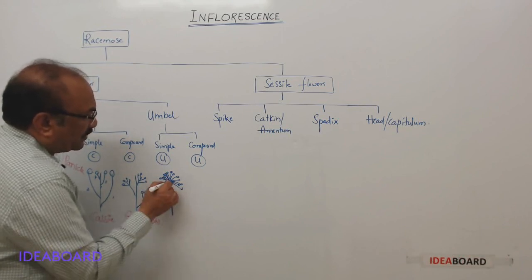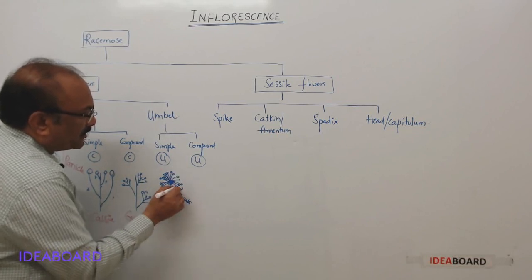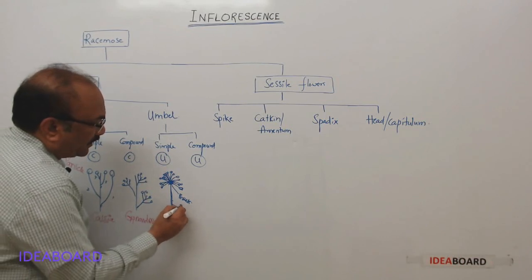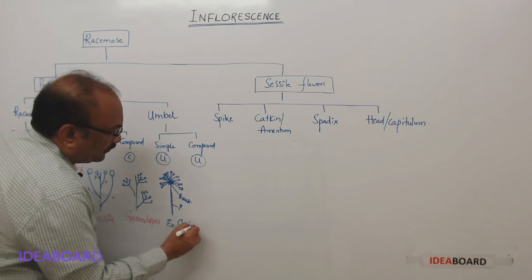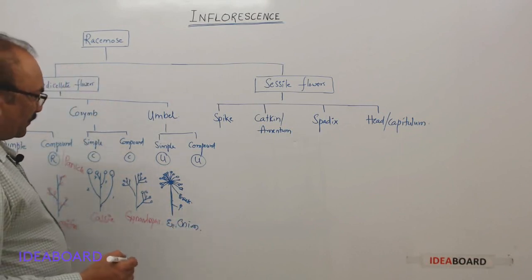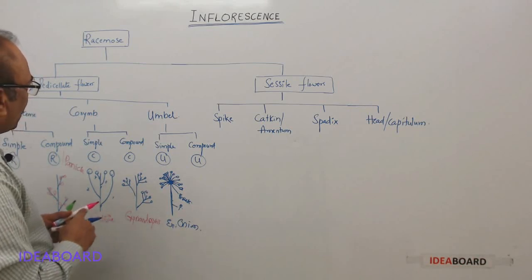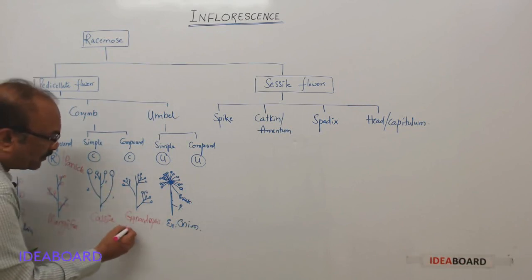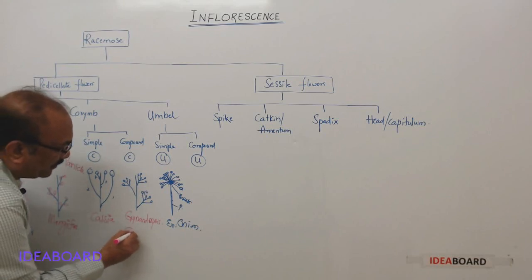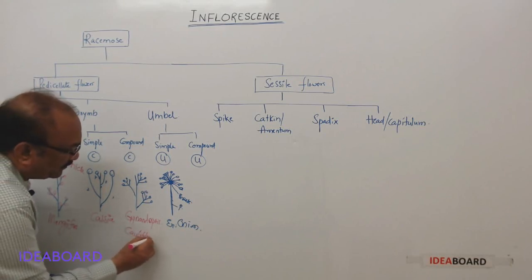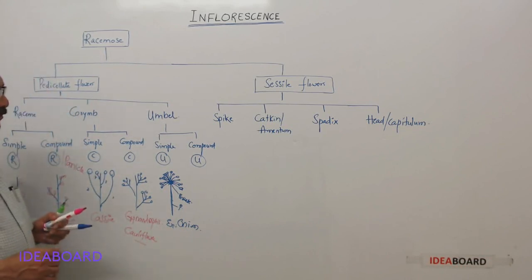So this is peduncle, and these are bracts, and these are flowers, pedicellate flowers, and this is peduncle. So the example for this is onion. And in compound corymb, you can take one more example, that is cauliflower. Cauliflower is also a compound corymb.